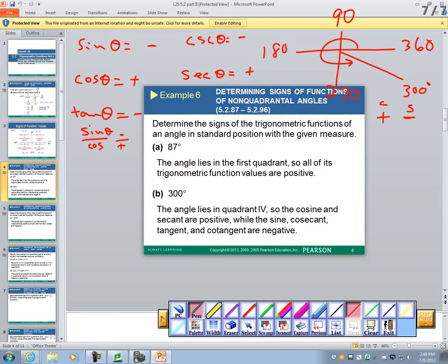Cosine's positive, so its reciprocal is going to be positive. And cotangent, what's that going to be? Negative. All we've got to do is look at tangent, right? So the reciprocals are going to have the same signs. They may be flipped, or may be the reciprocal, but the signs are going to be the same. Okay? Questions with that?